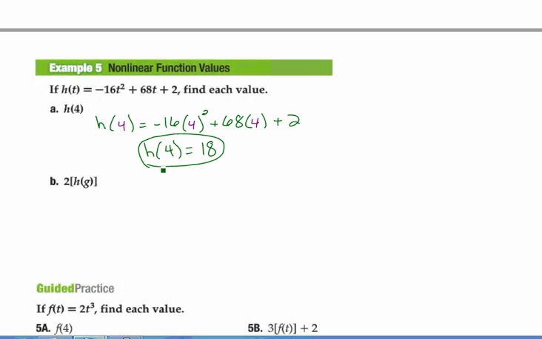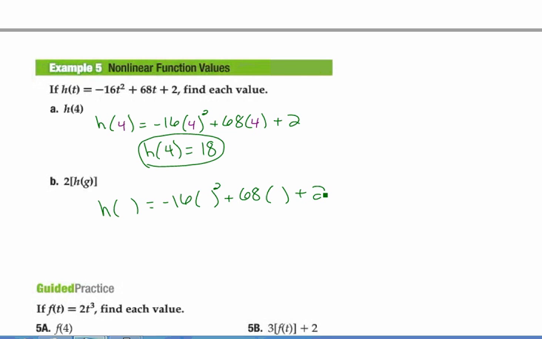Okay, of course we have to have this really weird thing right here where we have quite a few things going on. This is saying 2 times h of g. So this is saying that we are going to plug a g in every time we see a t. Weird stuff. So I know I'm plugging something in every time I see a t. So that means I'm going to put big parentheses anytime I see that t.